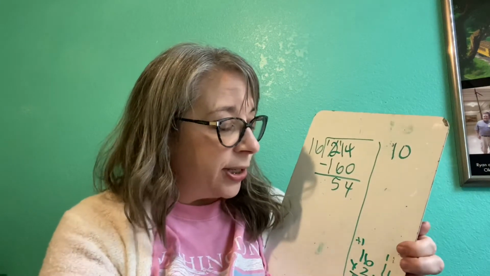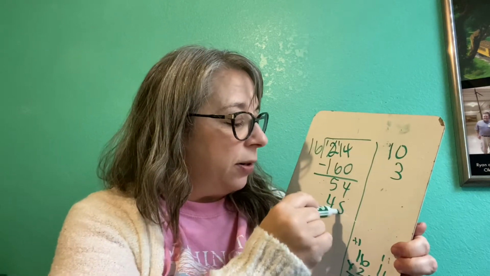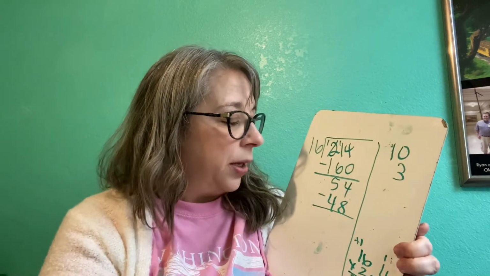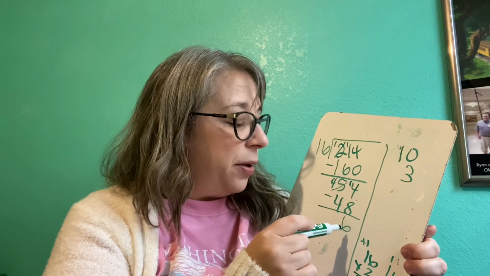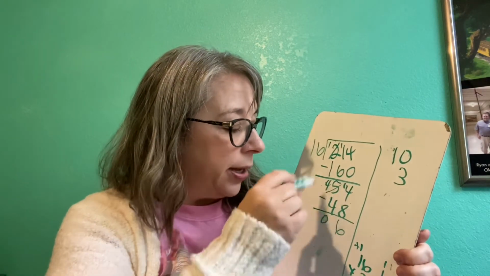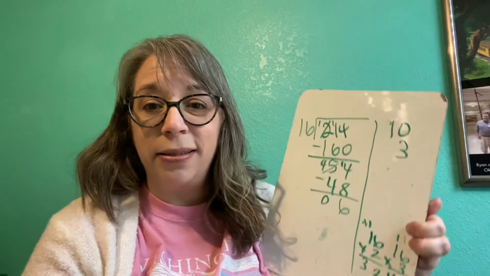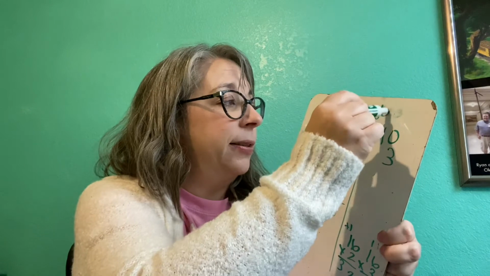So let's just stick with 3. We're going to put 48 here. We have to borrow 4, 5, 6, 7, 8, and that's 6, because I know 6 plus 8 would be 14, and that's 0. And now all we have left over is a 6, and 16 can't go into 6, so our remainder will be 6.